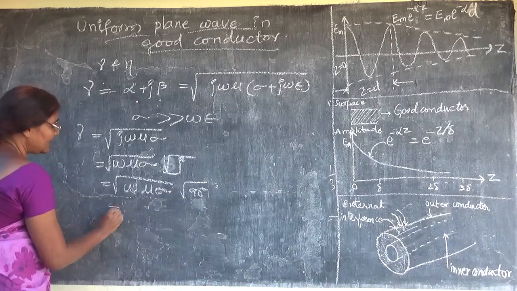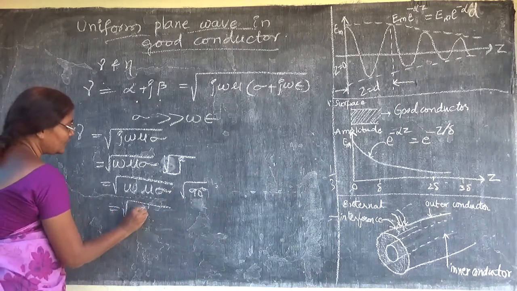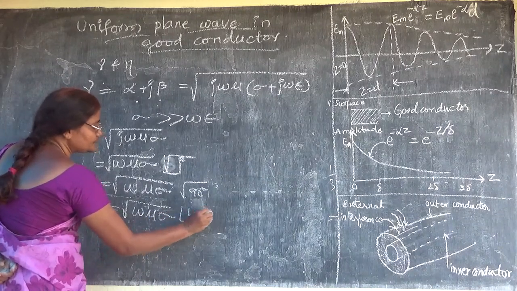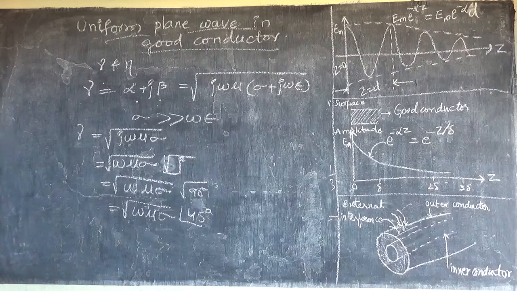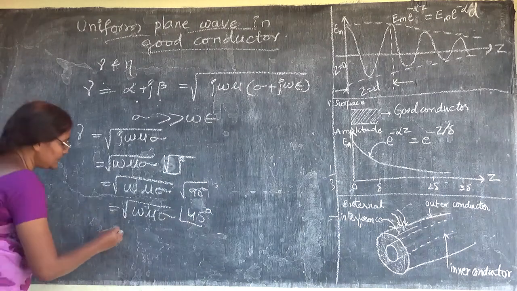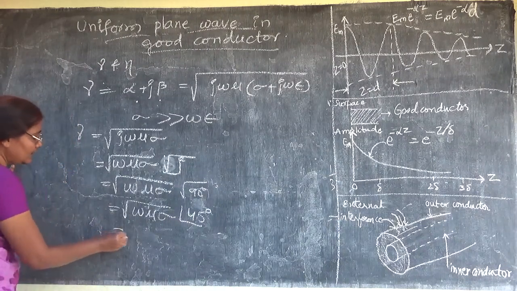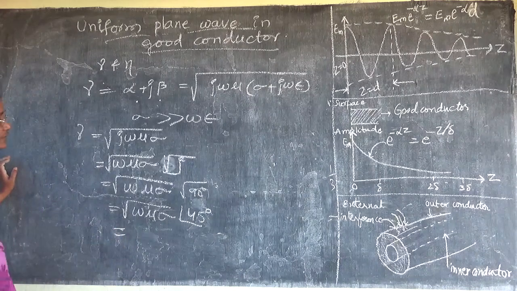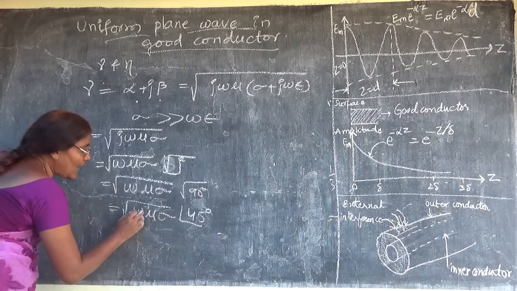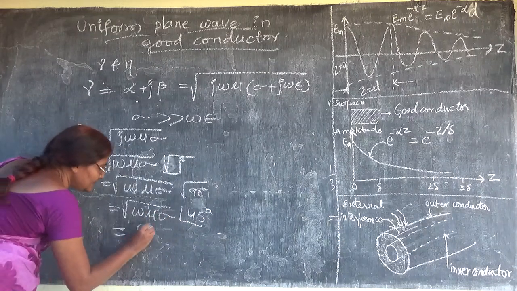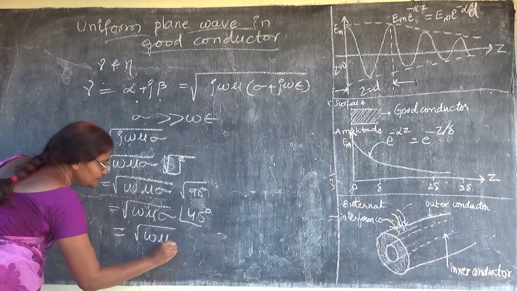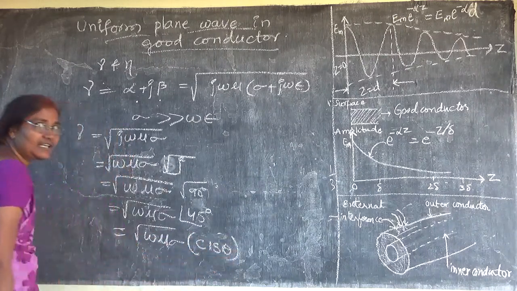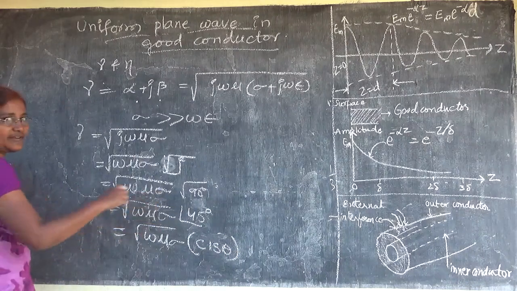So what happens here? Root of omega mu sigma angle 45 degrees. So if I convert this into the Euler's identity, r angle theta can be written as r into cis theta. Theta is the angle and it is cis 45 and real.